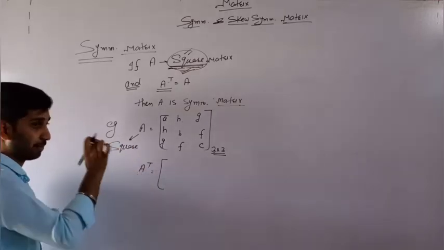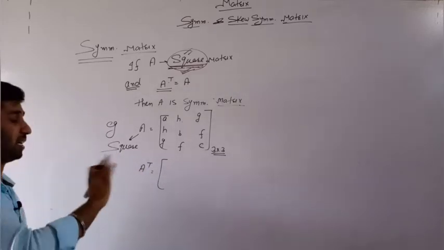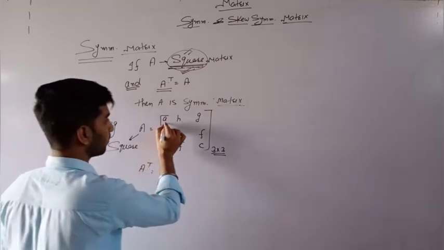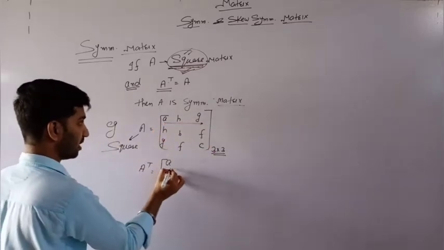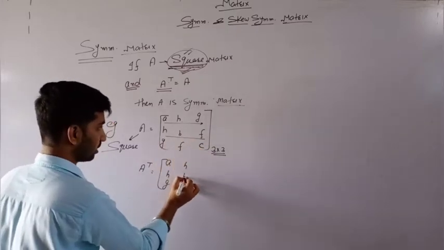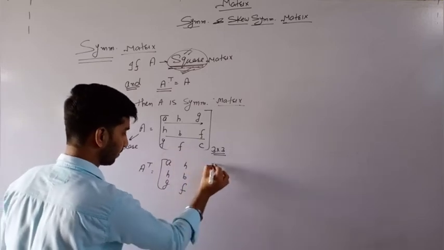First row changes into first column, second row changes into second column, third row changes into third column.